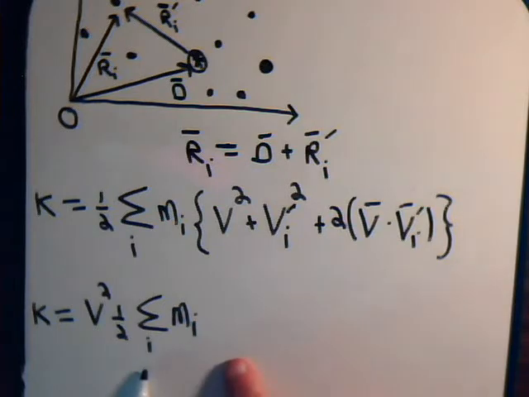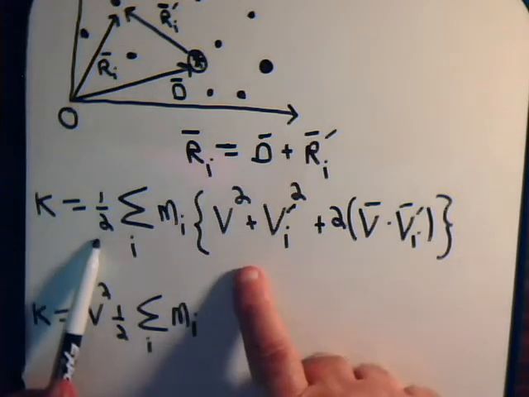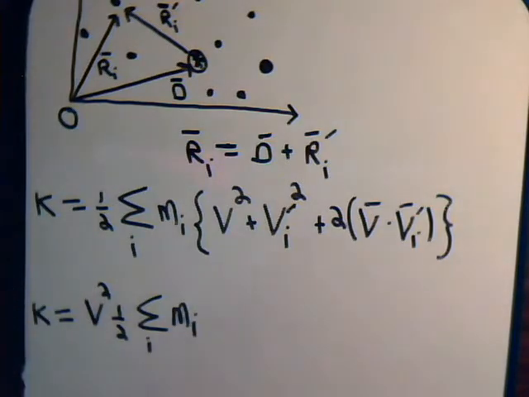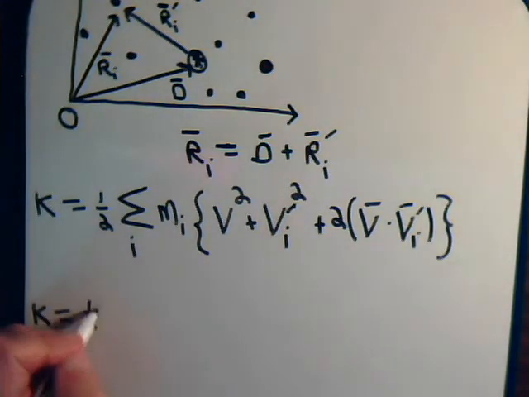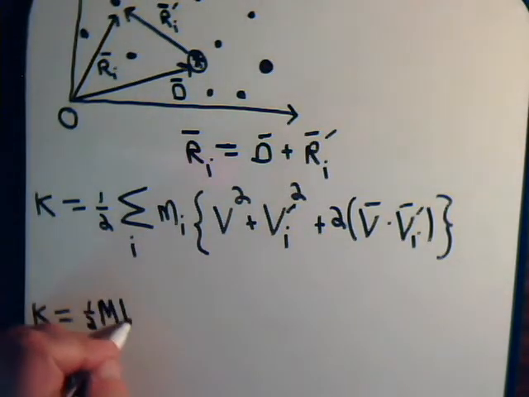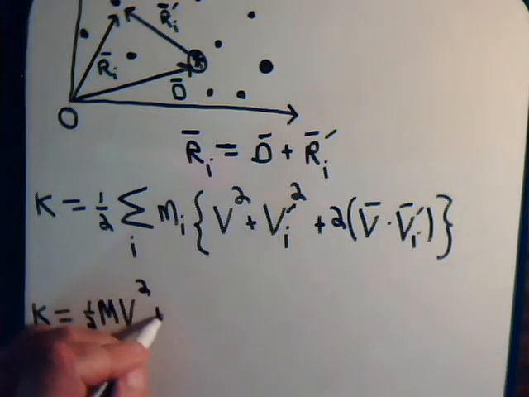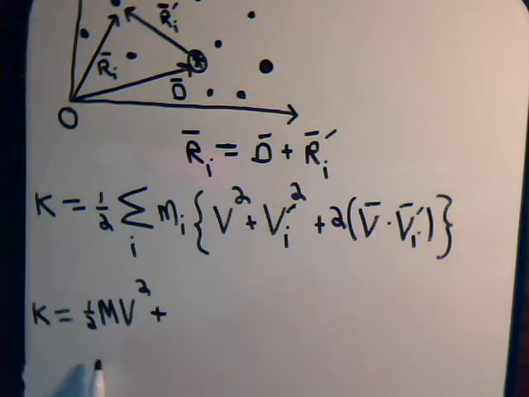But this would just be the total mass of the system. So from the first term we have kinetic energy equals 1/2 capital M V squared. Of course that's the kinetic energy of the center of mass of the system. But we have more terms to consider.